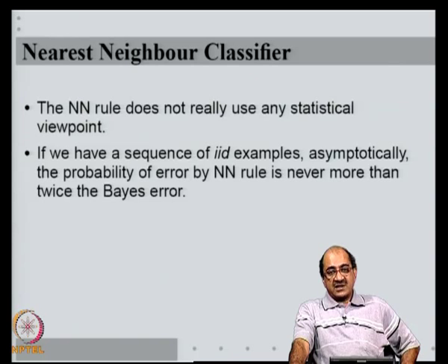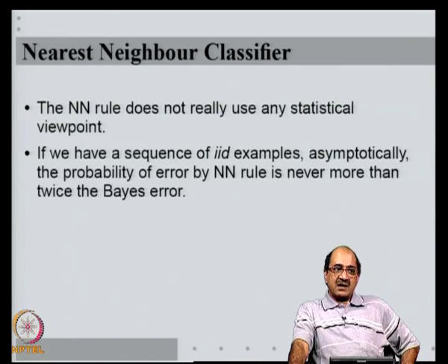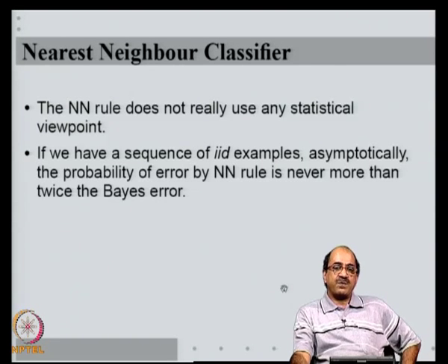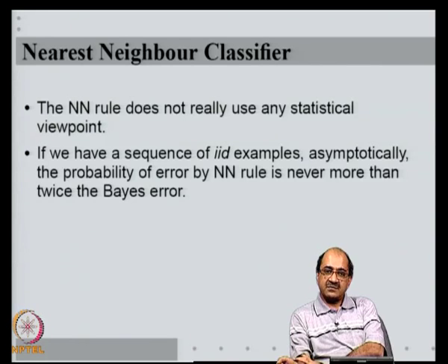This is quite interesting, because instead of doing all the costly estimation implementing the Bayes classifier, I can simply implement the nearest neighbor classifier, if with the given feature vectors my Bayes rule can give me very good performance. Let us say error by the Bayes classifier is only 5%. Then at worst, my nearest neighbor may give me 10% error, which might be tolerable.